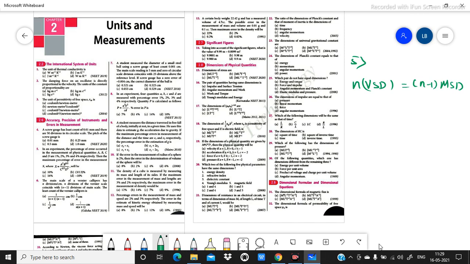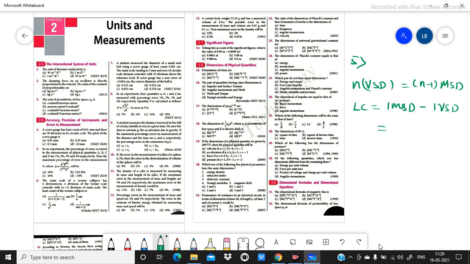So I know how to find out least count. You have to remember how to find out least count. Least count is nothing but 1 MSD, main scale division, minus 1 vernier scale division. So now I am subtracting this.